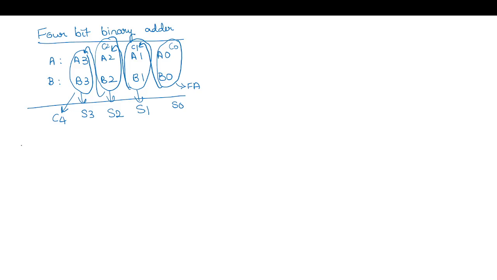So this is also known as a ripple carry adder. And for this, we observe we need 4 full adders. If there is no input carry, then 3 full adders and 1 half adder.